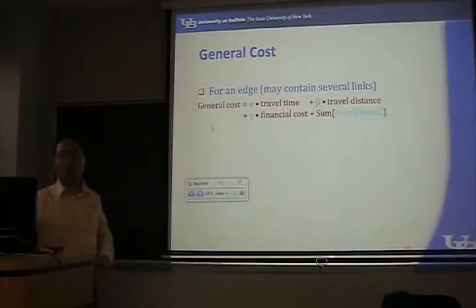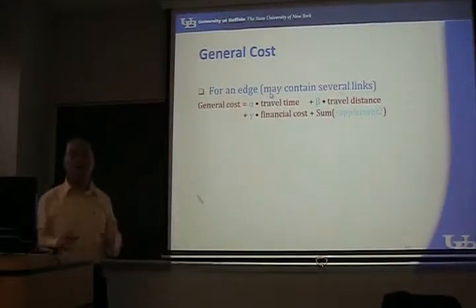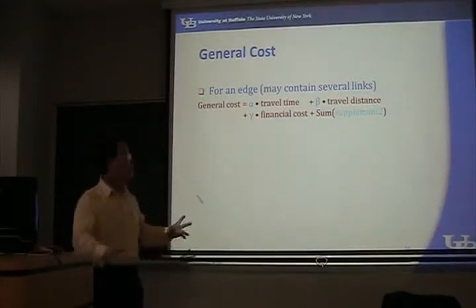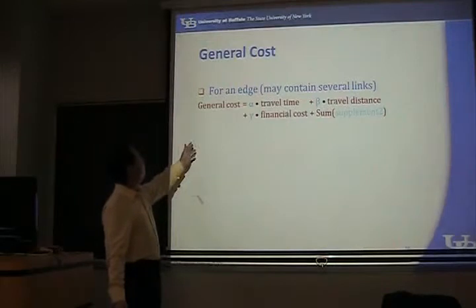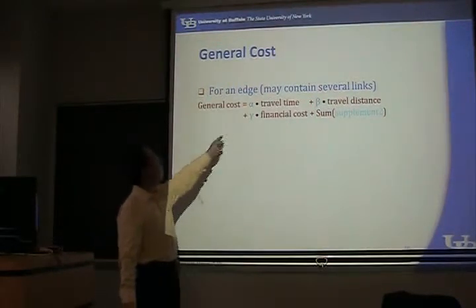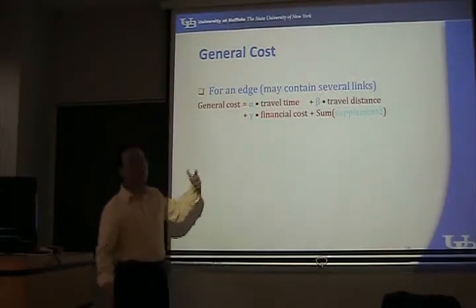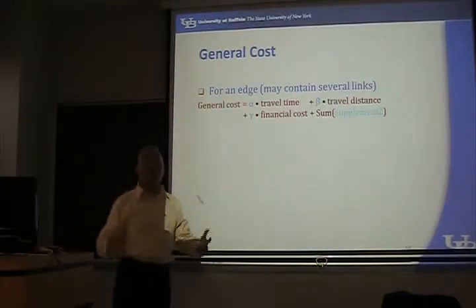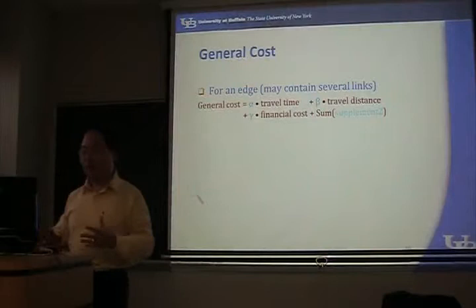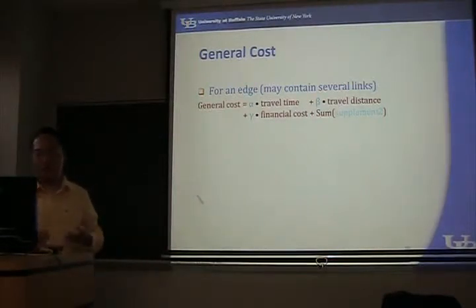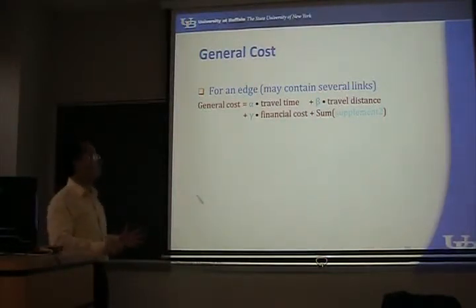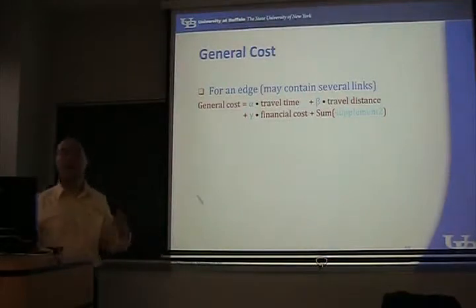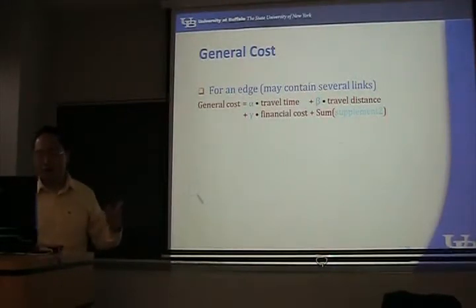Now let me talk about the general cost I mentioned. In Vsim, the general cost of each edge, which may contain several links actually, is calculated by alpha multiplied by travel time, and beta multiplied by travel distance, and gamma multiplied by financial cost, and the sum of the supplement 2 parameter of every link.